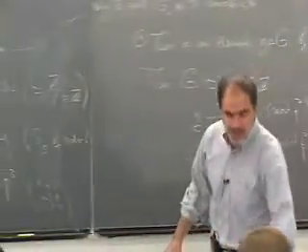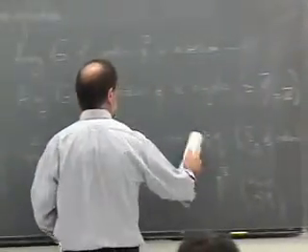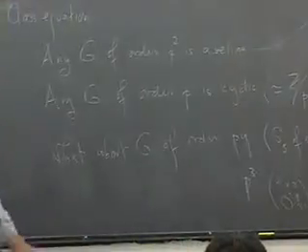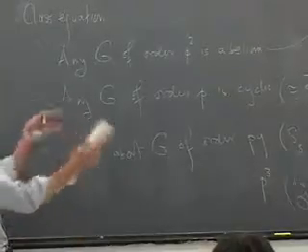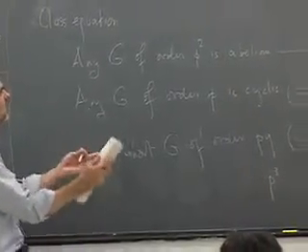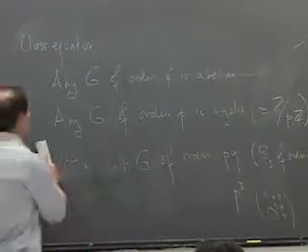Okay. Now, to go on to groups of more complicated order, we have to actually develop some general theorems. We're able to do groups of order p and p squared with our bare hands. Now we have to develop some general theorems.